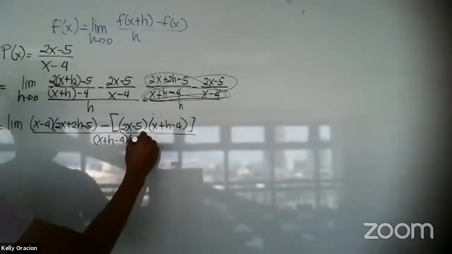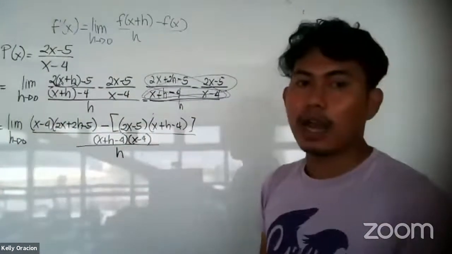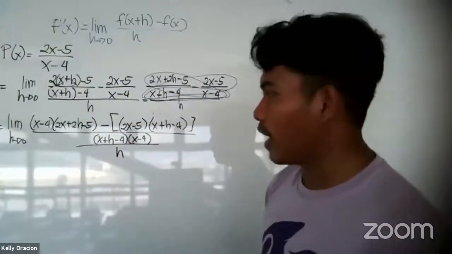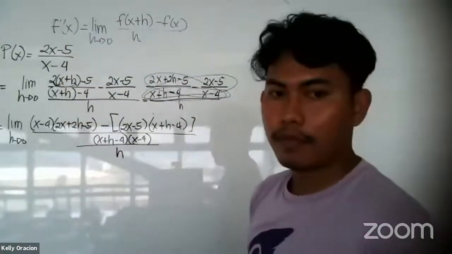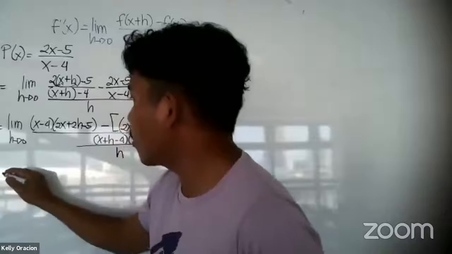X plus h minus 4, x minus 4, all over h. Huwag talagang kalimutan lagyan ng over h. Okay? Huwag kalimutan lagyan ng over h. Sayang ang inyong kung hindi nyo mabutangan.